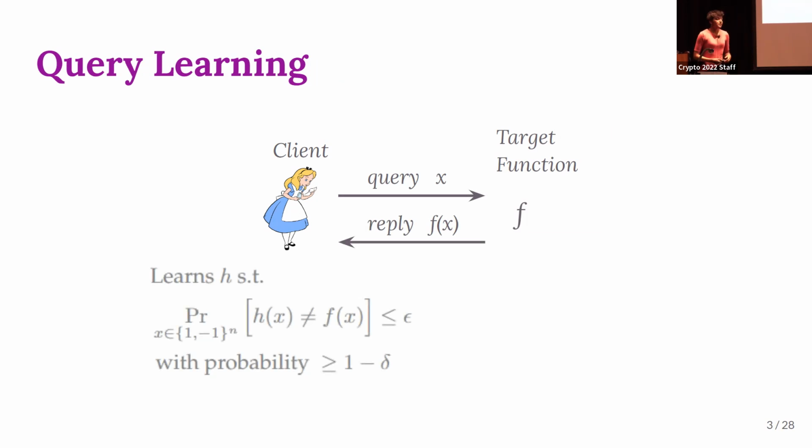Again, in this model, the client should learn a good approximation with high probability. There are works showing that there are classes of functions which are learnable through queries but not learnable through random examples, and we'll see why this is useful in a few slides.